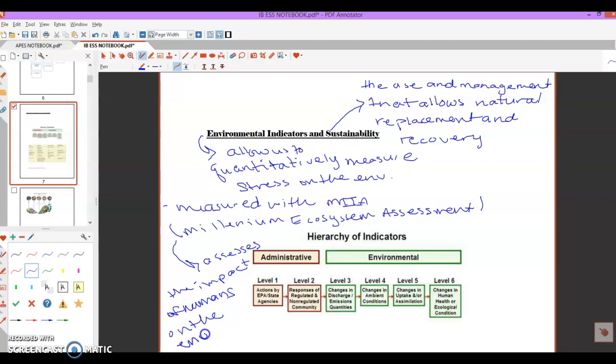And we know that progressively it has gotten worse throughout the decades. So it's something that allows us to keep track of environmental health.